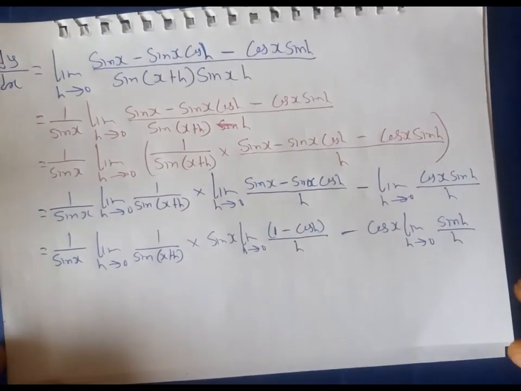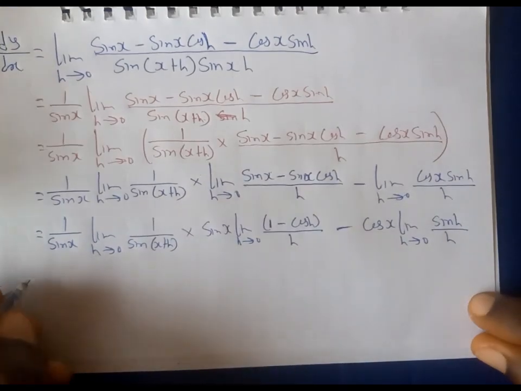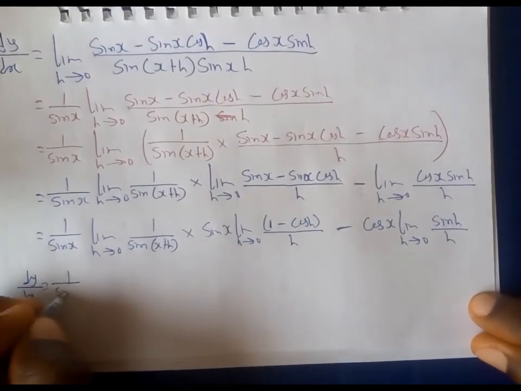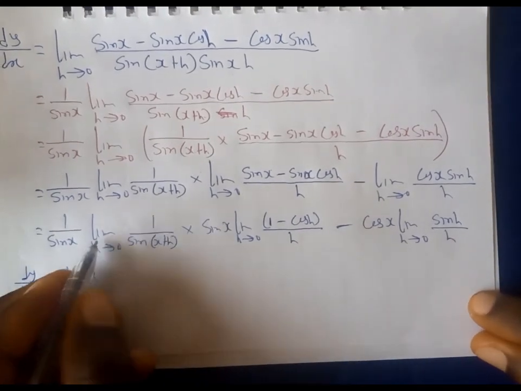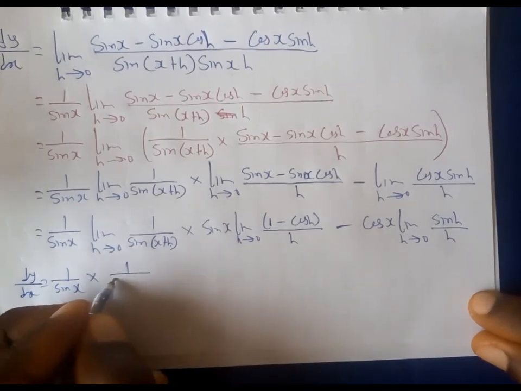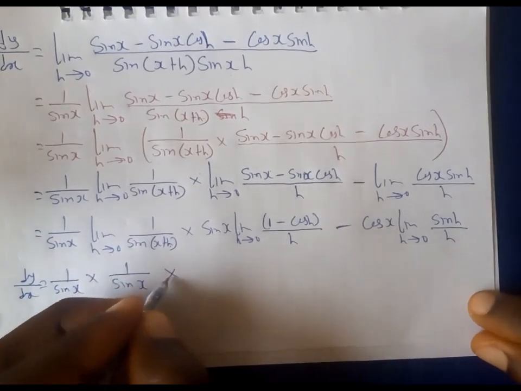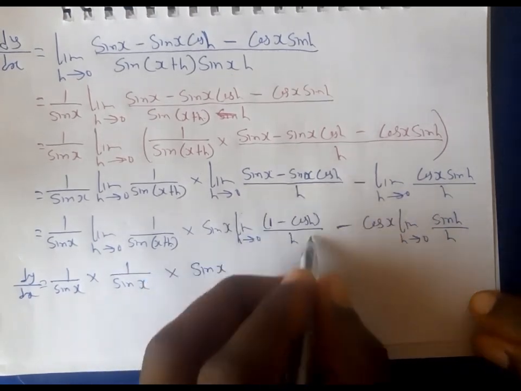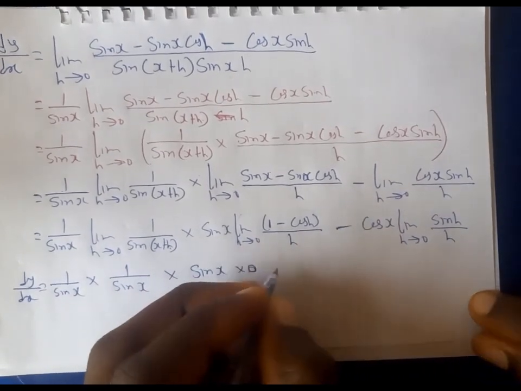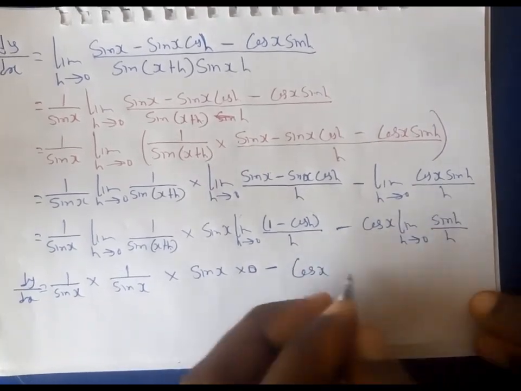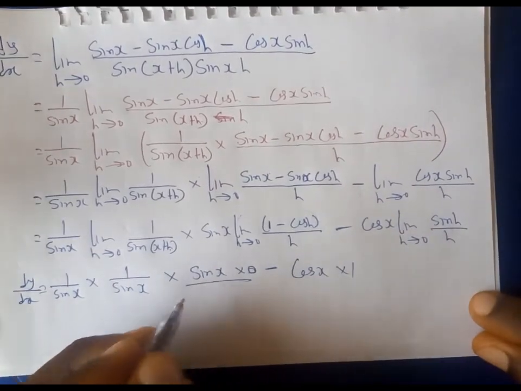So let's proceed forward. Therefore dy/dx is now equal to 1 over sin x times the limit as h approaches 0. When we put 0 here, we just have 1 over sin x, 1 over sin x times sin x. Now we said this entire expression becomes 0 times 0, then minus cos x. This entire expression becomes 1 times 1. So this term becomes 0 entirely.